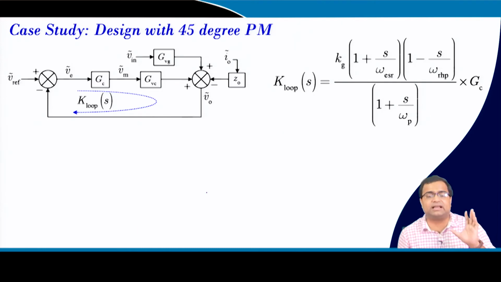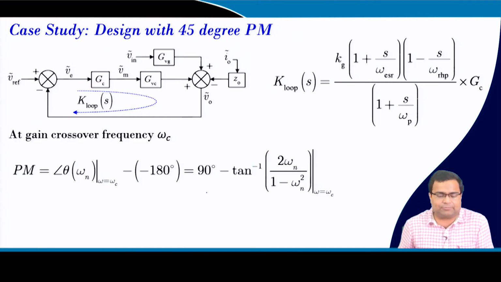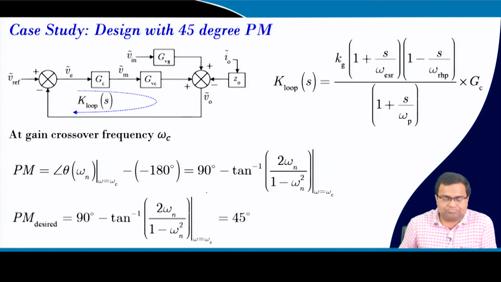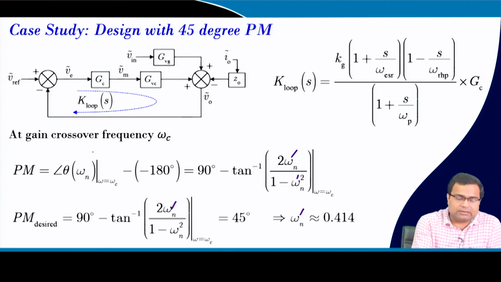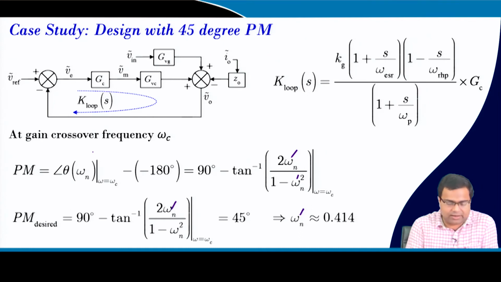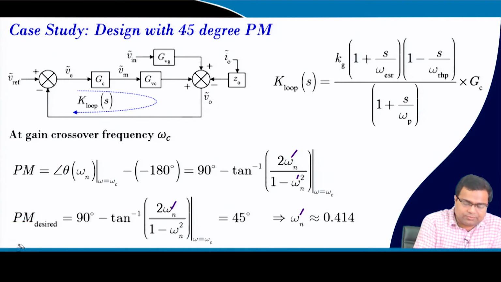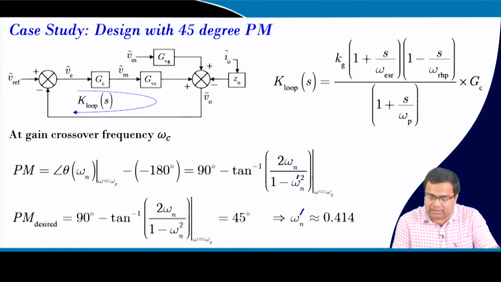So, we will first design using 45 degree phase margin. If we set 45 degree phase margin, then for the same process that we have discussed, the omega n dash, the dash that we have just discussed, which is omega n at omega c, that is omega n dash, okay.